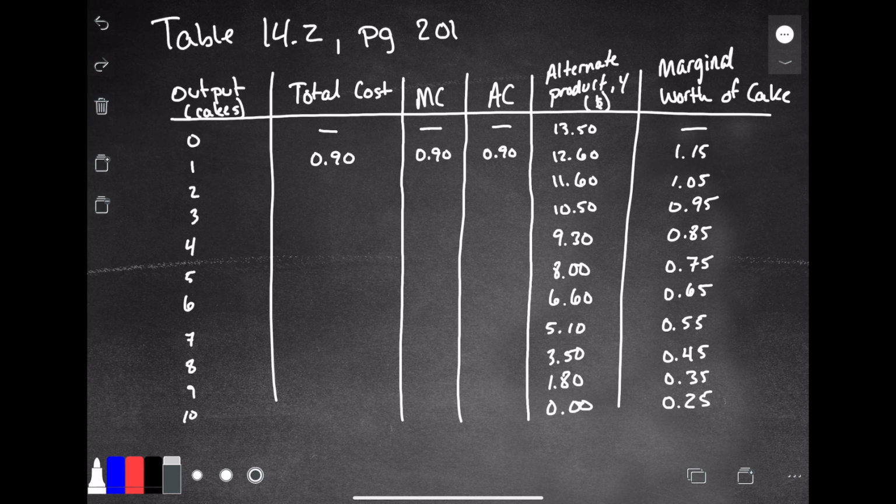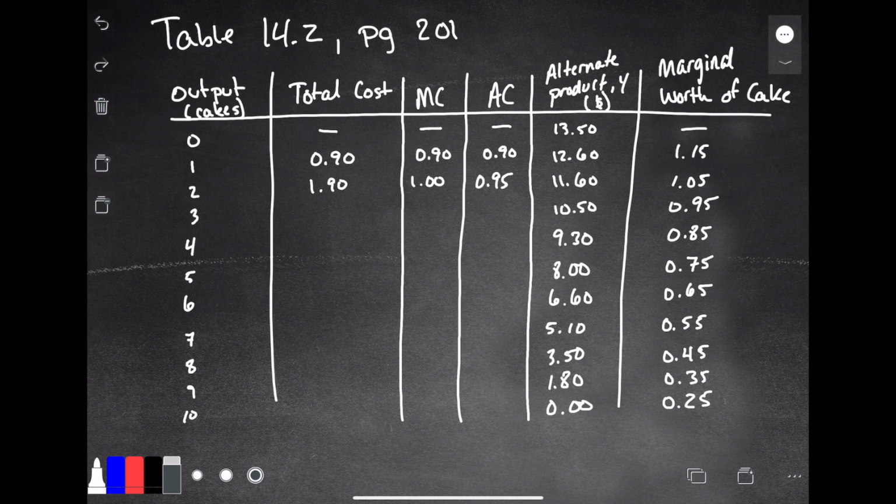And so we can say that the marginal cost is going to be $1. The total cost, we would just sum the two marginal costs here. So the $1 plus the 90 cents, that would be $1.90. And the average cost, as you can see, is going to go up to 95 cents because that is $1.90 divided by 2 cakes.